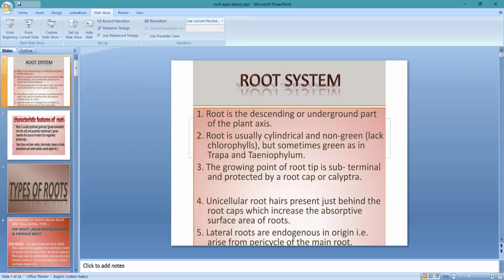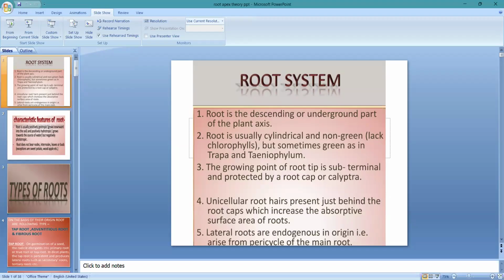Here we are coming to the root system. The root is the underground part of the plant axis. Root is usually cylindrical and non-green, lacking chlorophyll, but sometimes green, as in Trapa and Taeniophyllum.